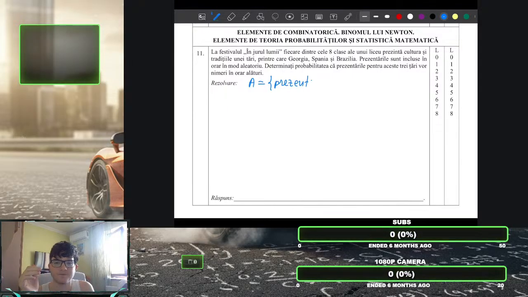There are 8 classes in total, so 8 countries in total, so we want to know the probability that specifically these 3 countries will basically be one after another.